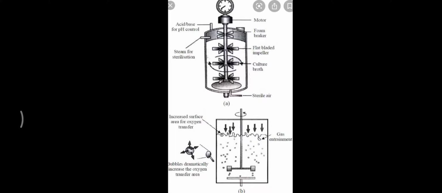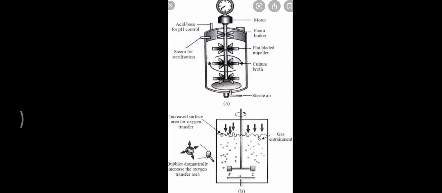The stirring type of bioreactor is of two types, the simple stir type and the sparged stir tank bioreactor. So the first figure is the simple stirring type bioreactor, and the second figure is the sparged stir tank bioreactor.